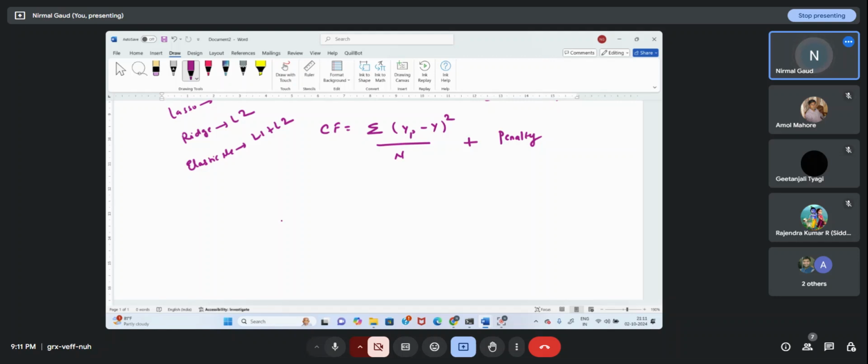So the penalty will be, we have to reduce the impact of such features in the data. That's what you have to do. Those features which are performing this kind of activity, collinear correlation, we have to reduce the impact of them.